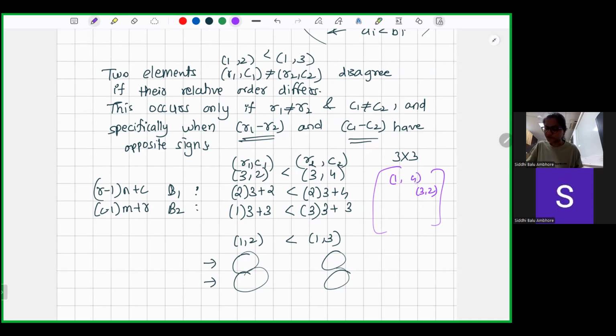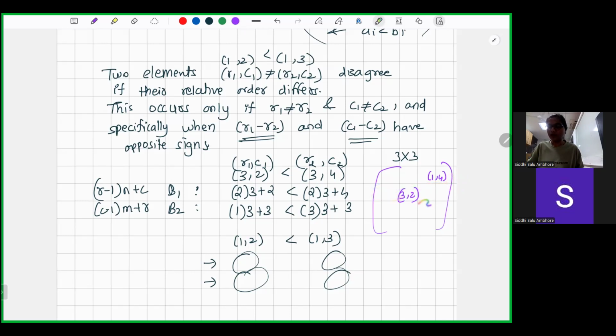Yeah, 1 4. So how will it be? Here 3 2 will be here, 1 4 will be here. So in my row base, it will pass like this, right? And it will come here. From here, it will go here, and then it will come here directly.